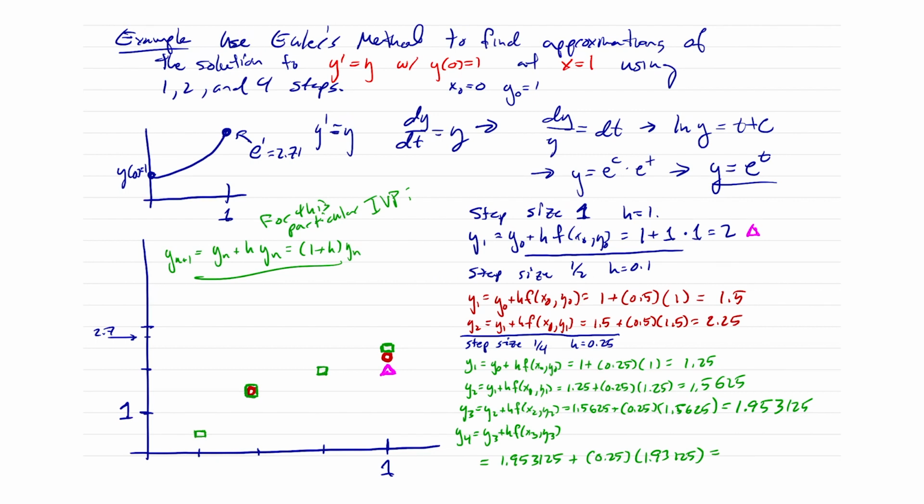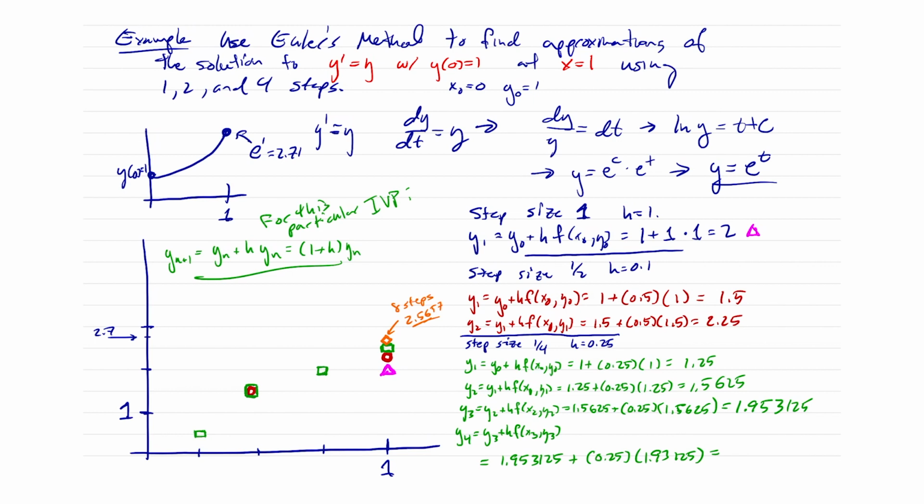So divided by 1. Get 2.56. So let's say this is 8 steps, and here we're at 2.565, blah blah blah, which is closer than the last one.